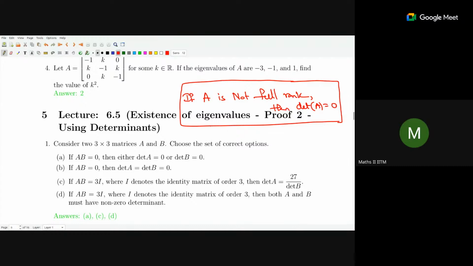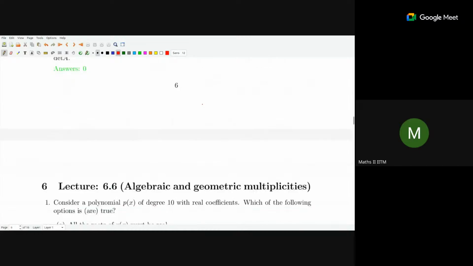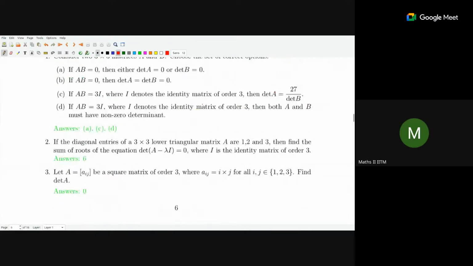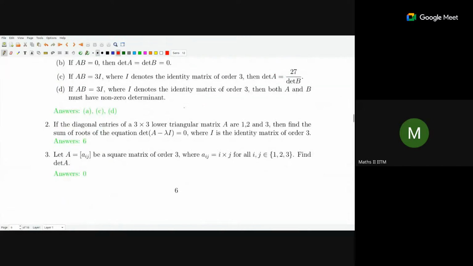We compute the determinant of A minus lambda I and equate it to 0, form a polynomial with respect to lambda, and solve the polynomial. Whatever roots you get will be your eigenvalues. That is all about 6.5, and I think you can solve these examples also.